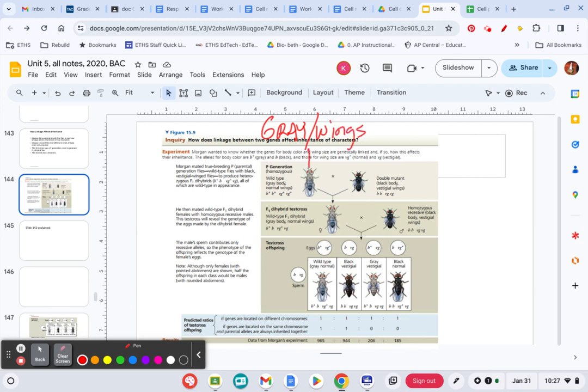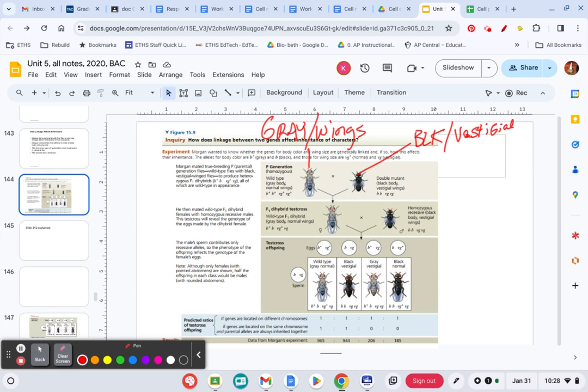That's that guy there. And he crossed it with another fly that was black bodied and had what we call vestigial wings. Vestigial meaning they have wings, but they don't work.